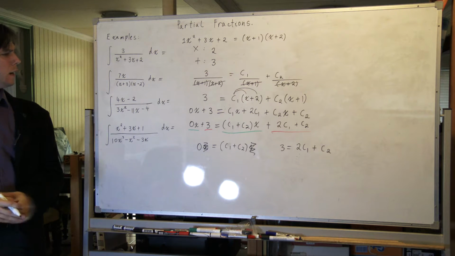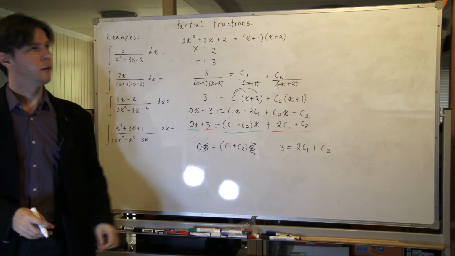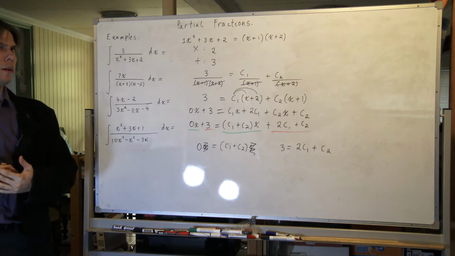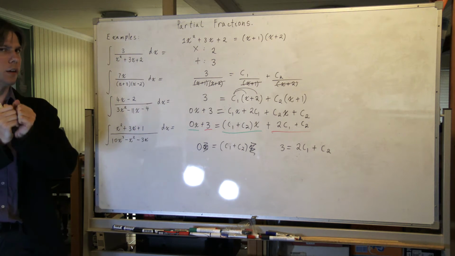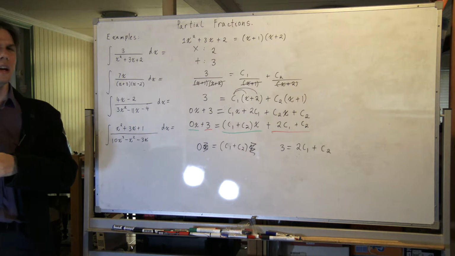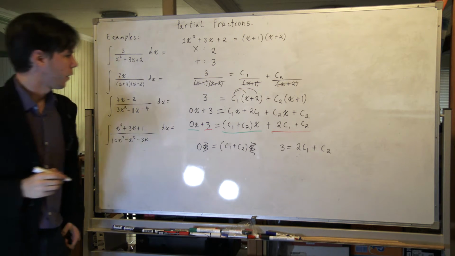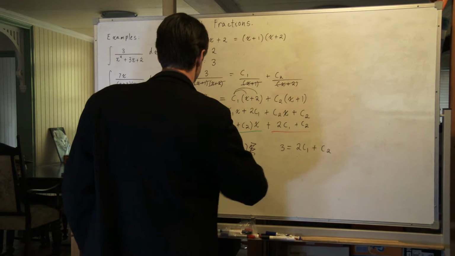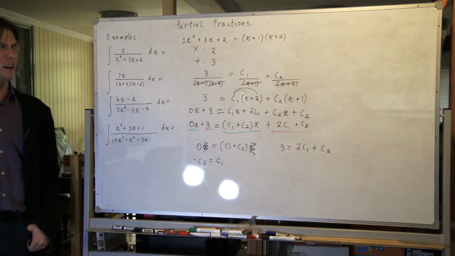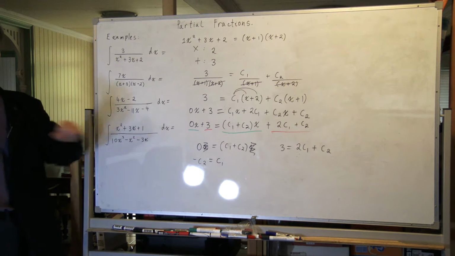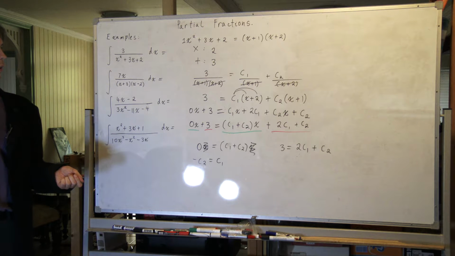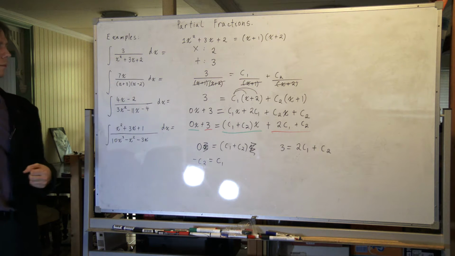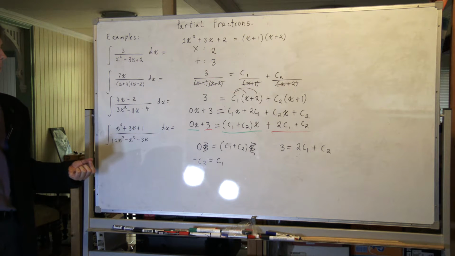What I do is over here I say if c1 plus c2 equals 0, then c1 and c2 must basically be the same number but opposite signs. So when I add them together, they cancel out. If I subtract c2 from both sides, I get negative c2 equals c1. You kind of see the numbers are opposite signs. So if c1 was 3, then c2 would be negative 3, or vice versa.